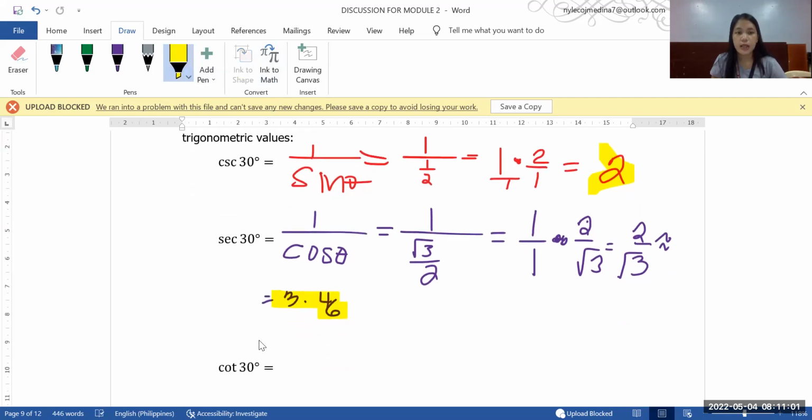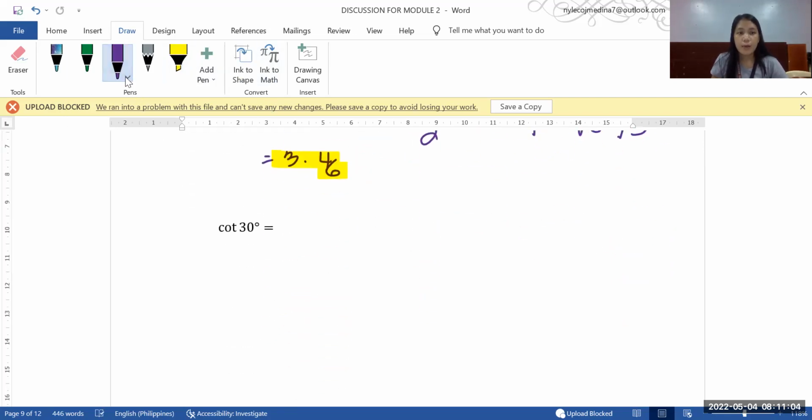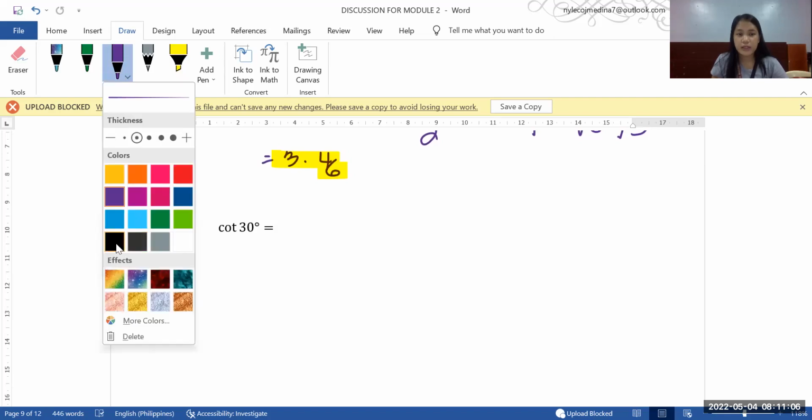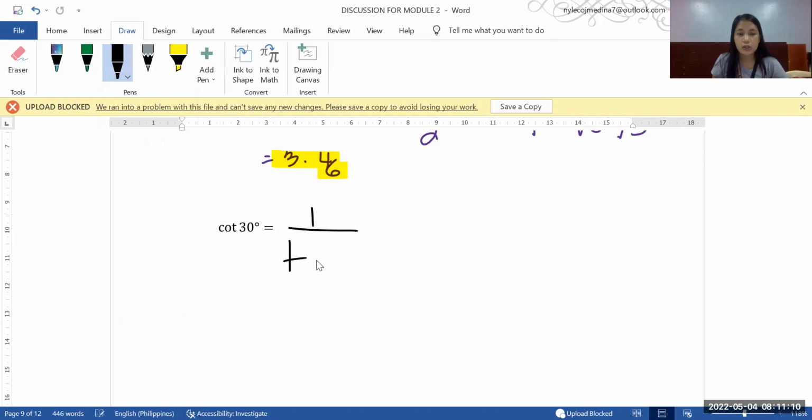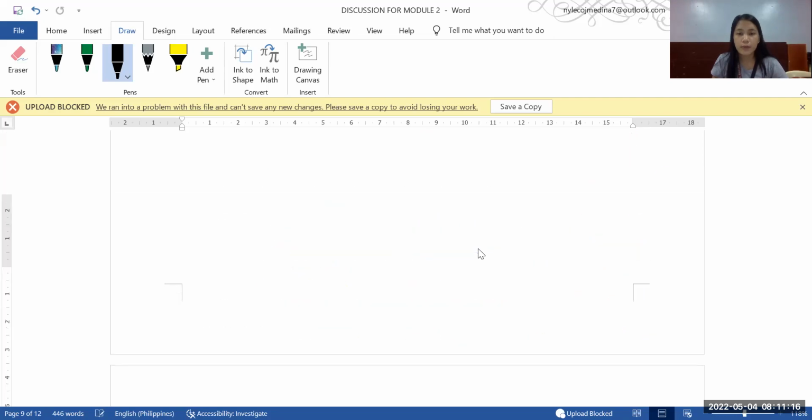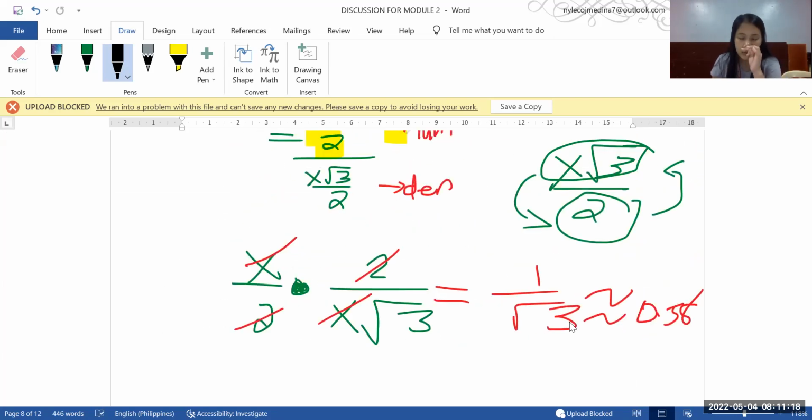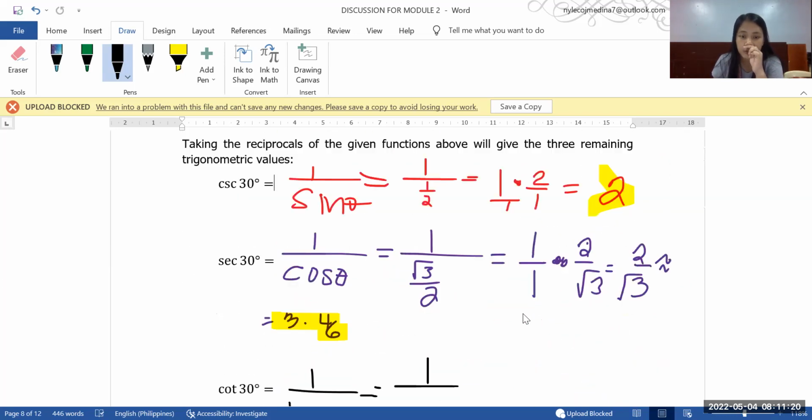How about cotangent? Cotangent is just equal to 1 over tangent theta. Tangent theta is 0.58, or 1 over square root of 3.